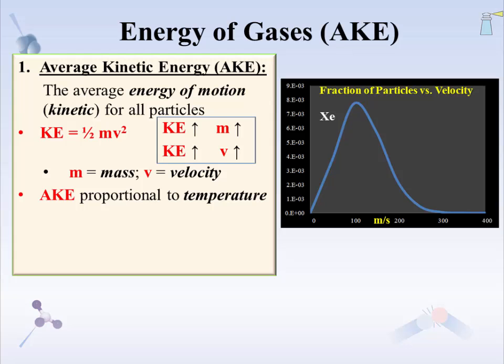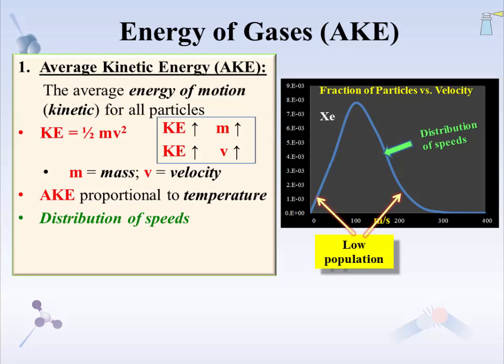This is a bell-shaped curve. There is a distribution of velocities or speeds. Not all the particles are going the same speed. There are fewer particles, low population, small fraction, with really slow or really fast velocities. The majority of the particles are centered around the average velocity, which is the peak of the curve.